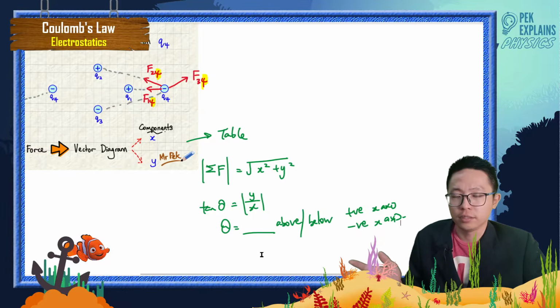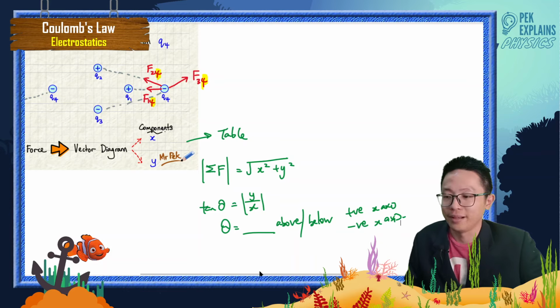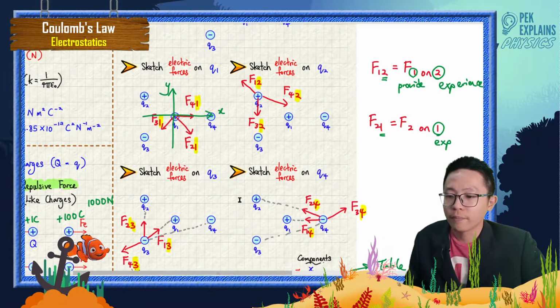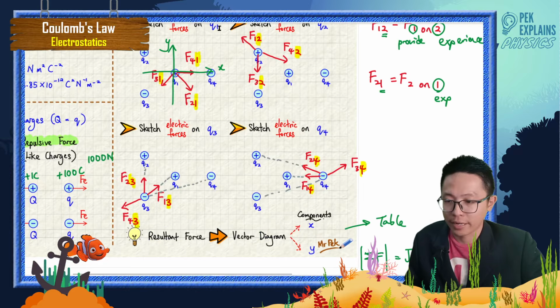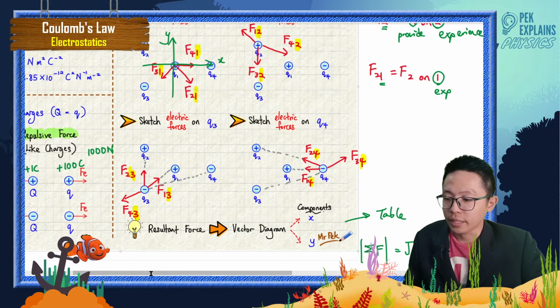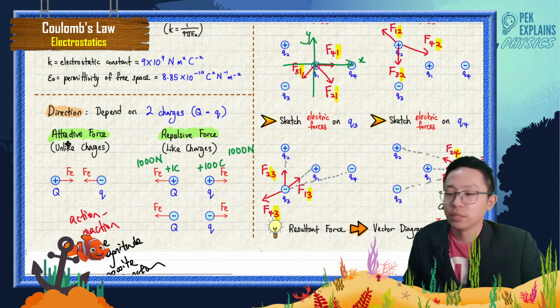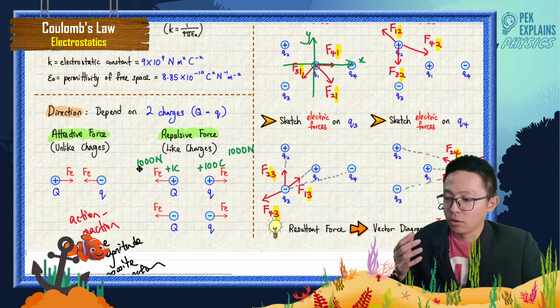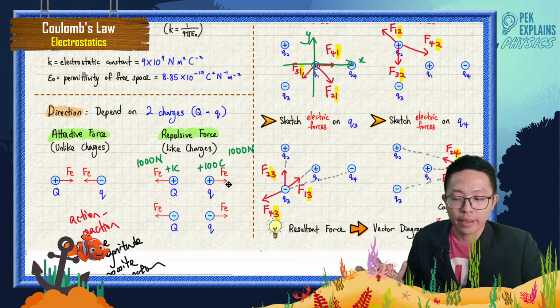So the difference now is just that this is about electrostatic force. The most important thing is you must draw the vector diagram correctly. It all comes back to same sign, repel; opposite sign, attract.